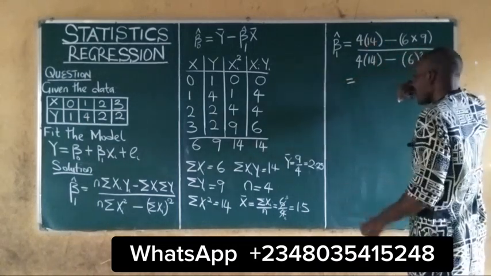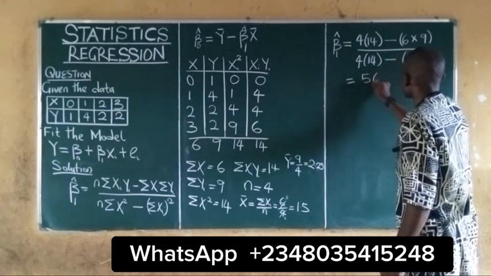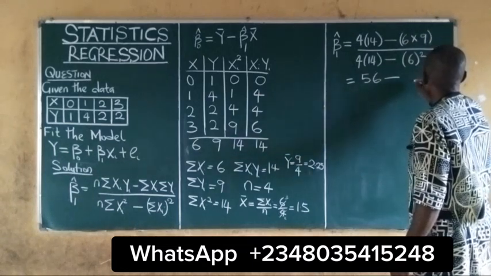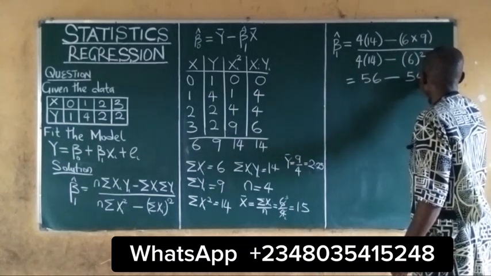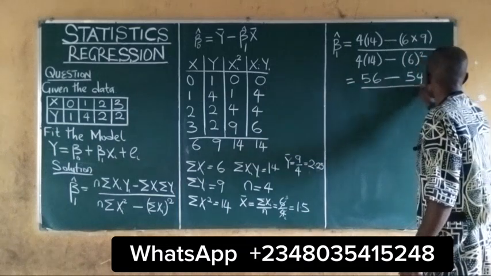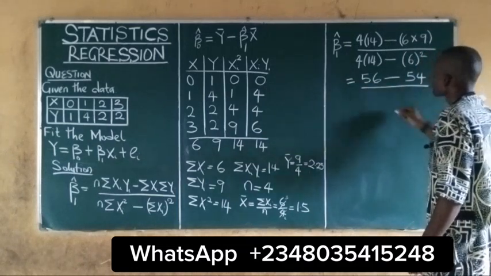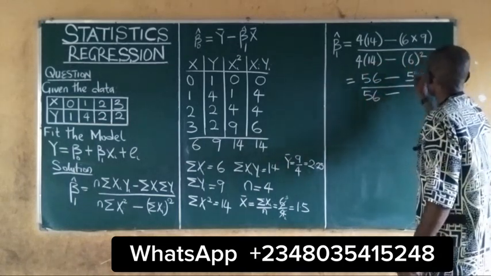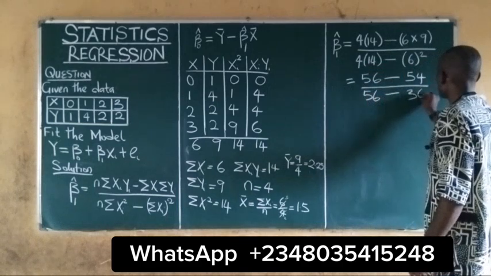4 multiplied by 14 is 56. 6 multiplied by 9 is 54. And 6 squared is 36.